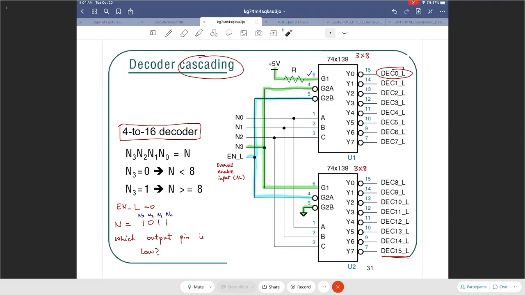So Y3_L, that's the one that is going to be active. So we are looking at pin number 12. That is going to be active. All the others are going to be 1, 1, 1, 1, 1, 1, 1. Everything is 1 except for this, which equals 0.